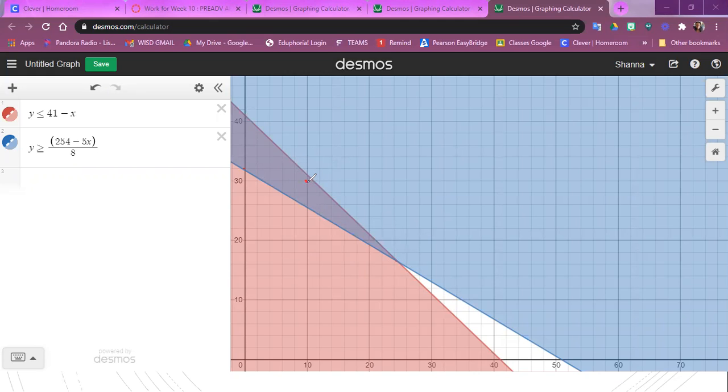So if I wanted to earn that amount of money, I could choose any point in here and go from there. So if I work, let's say I chose this point, and I put 10, 30. So the 10, 30 is telling me that if I do 10 hours at housekeeping and 30 hours at sales, I will have money to pay my bills.